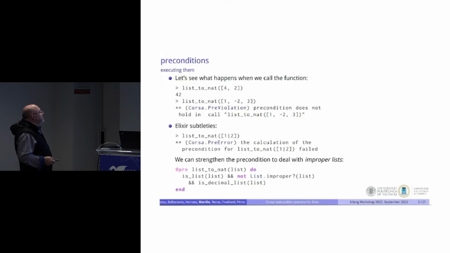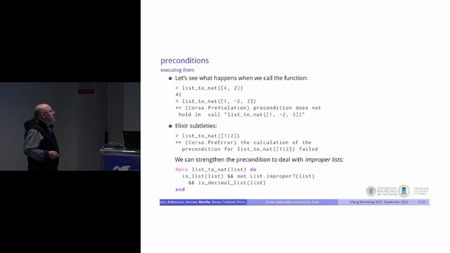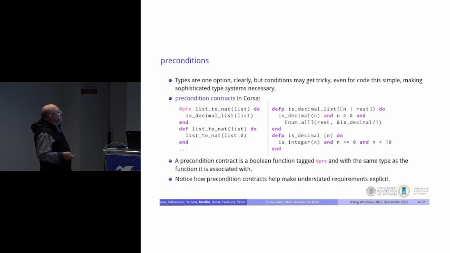difficult here, right? Okay, some subtleties, just for those familiar with Elixir and Erlang, we have this famous problem with improper lists. In this case, we could have the problem that this fails because the precondition is expressed in this way, and is decimal list is expecting a proper list.